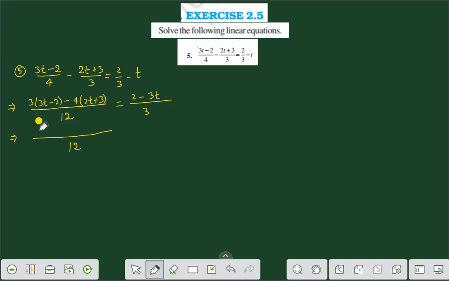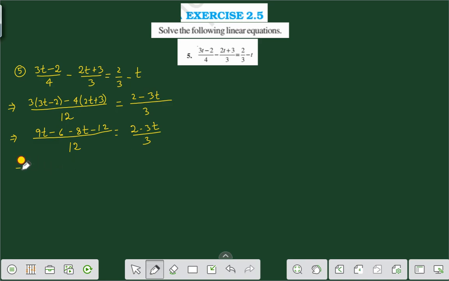This is 9t minus 6 minus 8t minus 12 is equal to (2 minus 3t)/3, right?